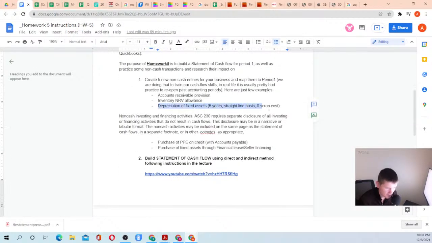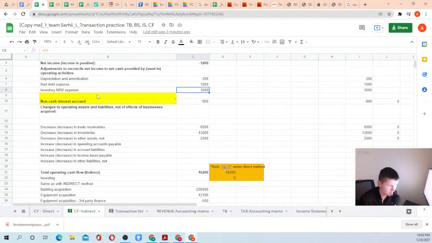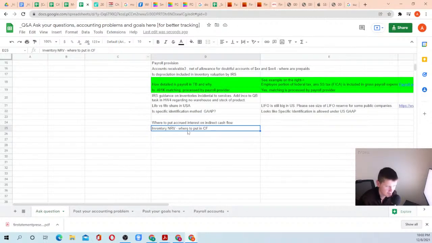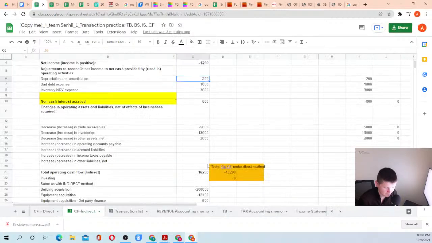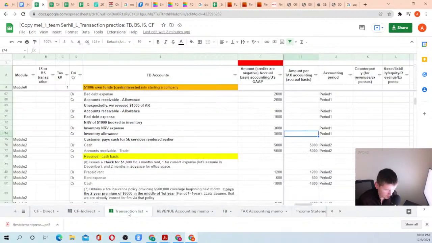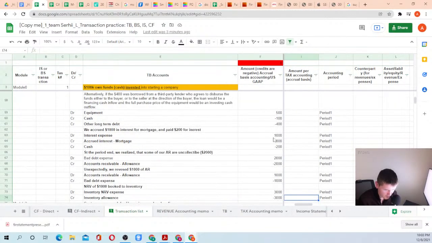Now we have depreciation of fixed assets. With depreciation, we actually already did depreciation here. So depreciation is clearly a non-cash expense. Trial balance, transactions list. So we had it. Let's see where we have it.